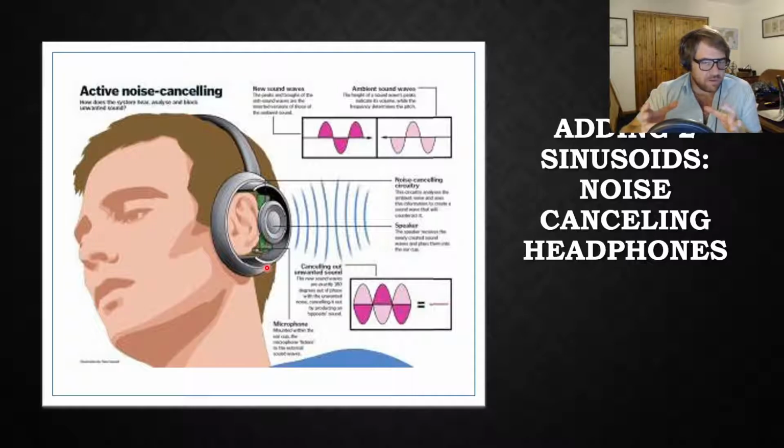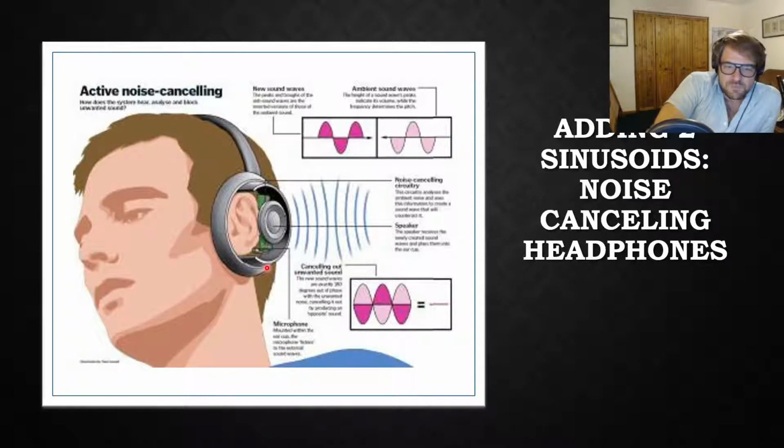Really good microphones, large microphones, so they can absorb more noise and really figure out what's going on, and pretty large speakers on the outside. The bigger the speaker, the better they are at blocking out low frequency sound. And that's what you want. You want to block out as much sound as you can. I mean, they're also good at blocking out high frequency sound, but it's not a problem to block out high frequency sound.